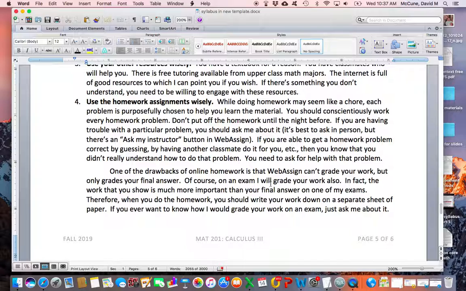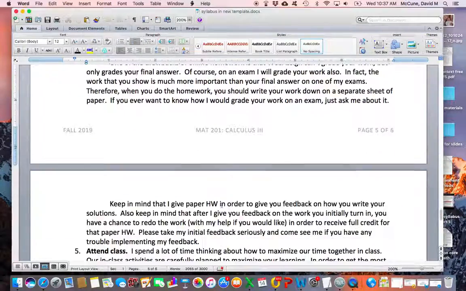So for some questions on WebAssign, you can always just write down the work you think would get full credit on an exam and then come ask me about it. You can always show me sample work if you would like, and I could give you a sample grade. So you should do that some. For some of the WebAssign problems, you should work the problems on paper, and then even if the answer is correct, ask me how that would be graded.